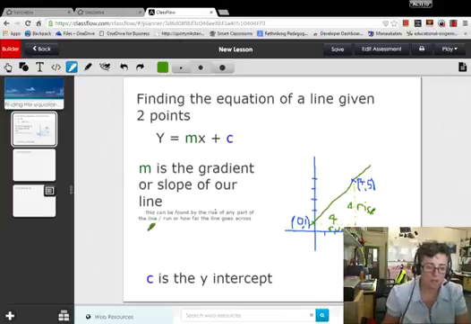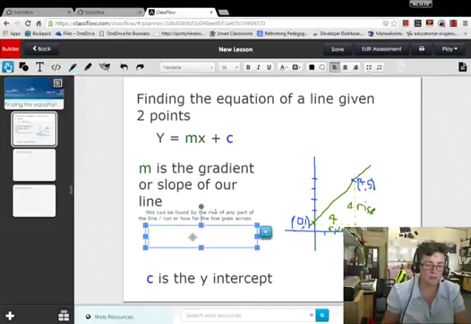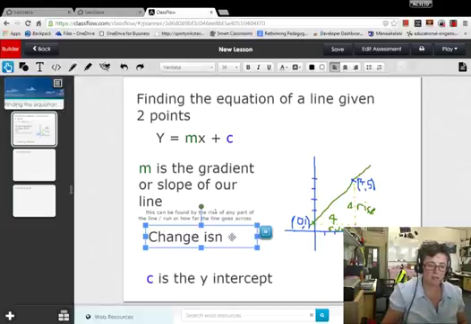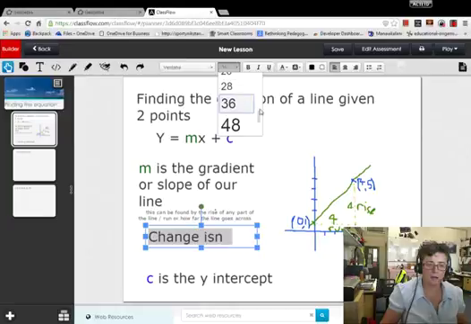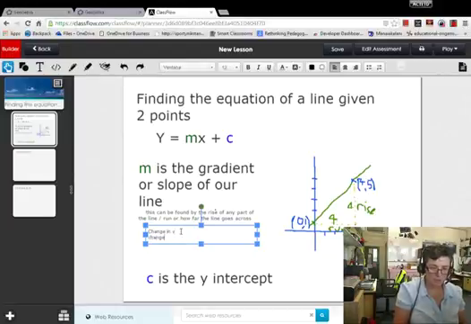So we're looking at the change in the y coordinates over the change in the x coordinates.